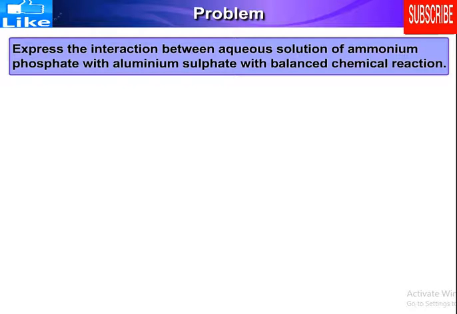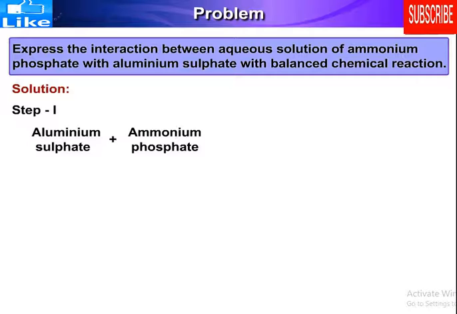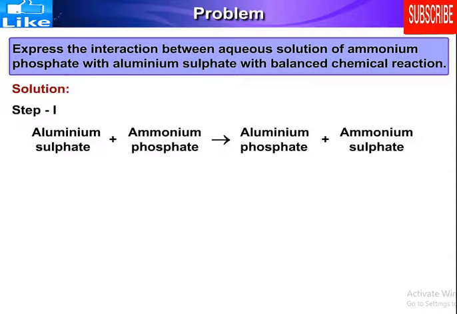Express the interaction between aqueous solutions of ammonium phosphate and aluminium sulfate with a balanced chemical reaction. Solution. Step 1. Aluminium sulfate plus ammonium phosphate gives aluminium phosphate plus ammonium sulfate.